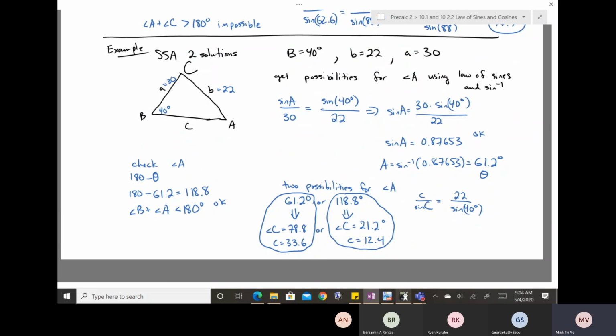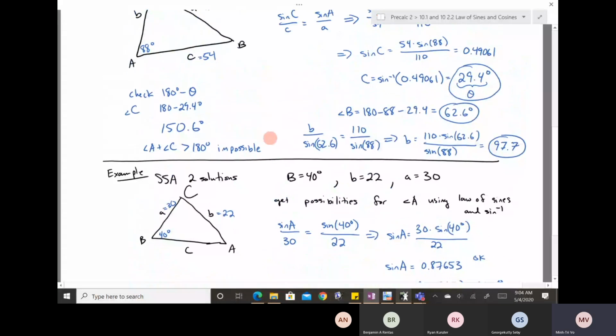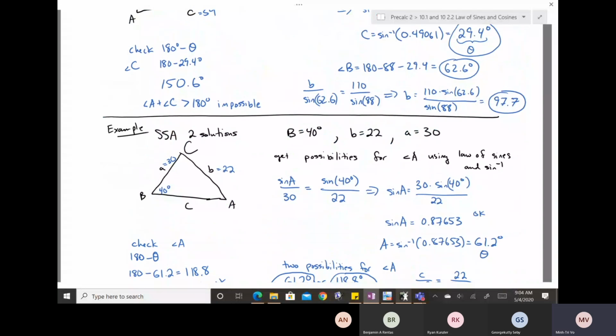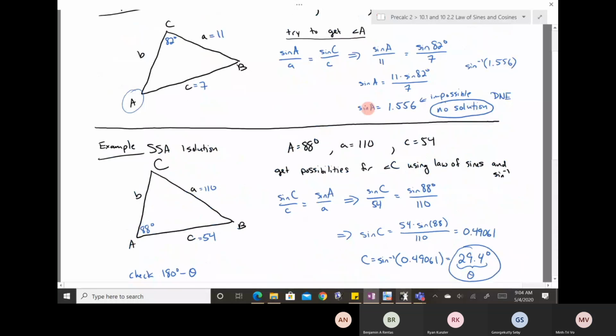Okay, so any questions on the situation where you have two solutions? So again, the SSA triangle is the one you want to be careful about. First you have to make sure whether the sine of the angle is smaller than 1 or bigger than 1.